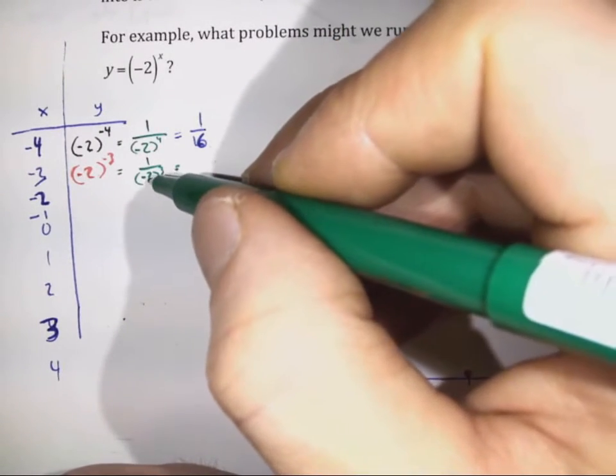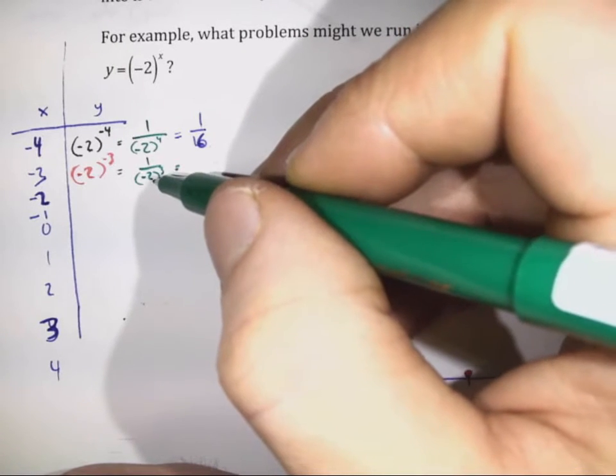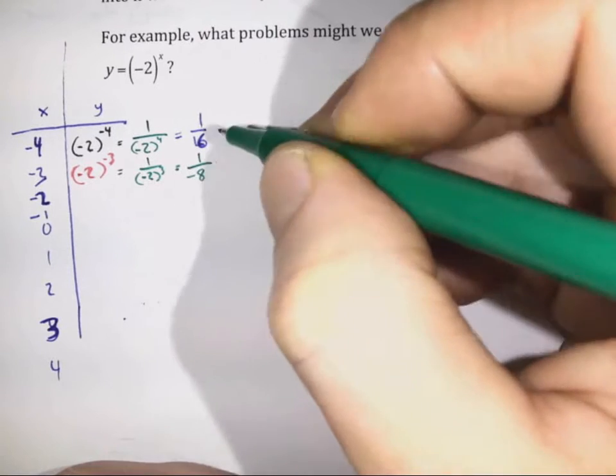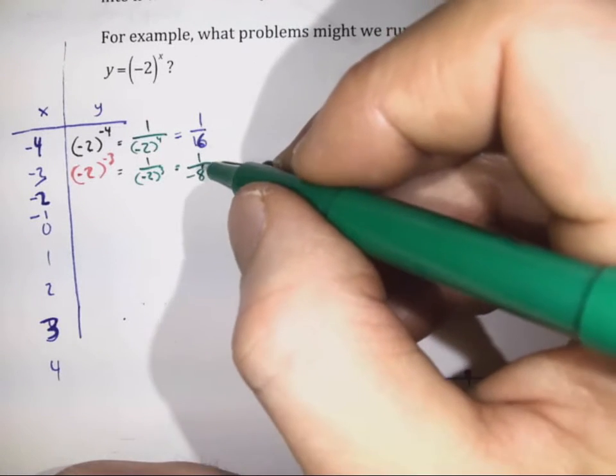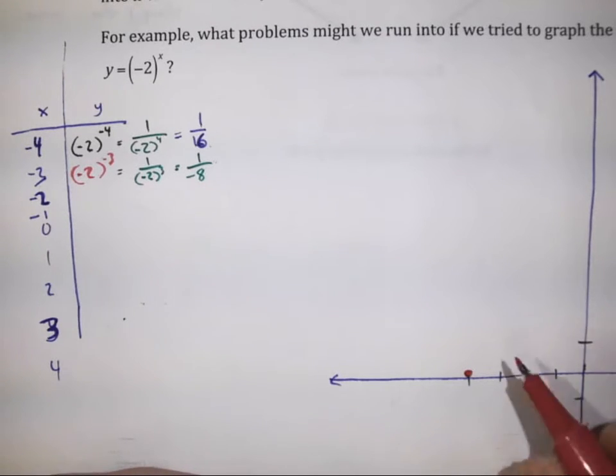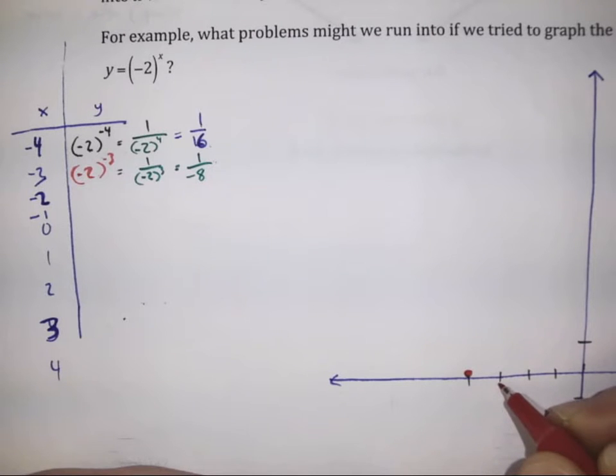It's going to turn into negative 2 times negative 2, which is 4, times another negative 2, which is negative 8. So now it isn't going up to 1/8, it's going down to negative 1/8. So when x is negative 3, actually we dip below the x-axis. And so that means we're going to have a point here at negative 1/8.